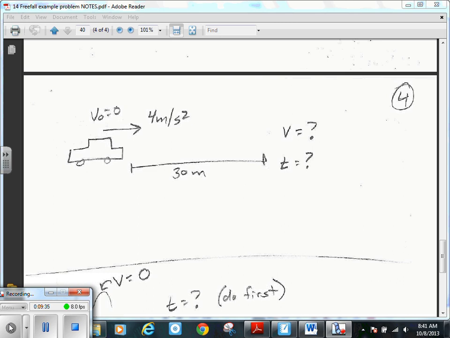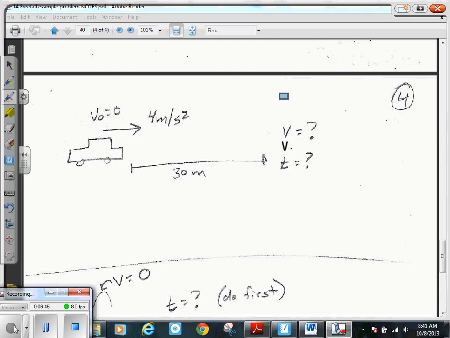Okay, another example. We're looking for v here, right? So we have our checklist. Our v sub naught is 0. Acceleration is 4 meters per second squared. Displacement is 30 meters. Now, should that be positive or negative in this case? Positive, right? Because I already said earlier that this direction is positive when I put in my checklist that way.